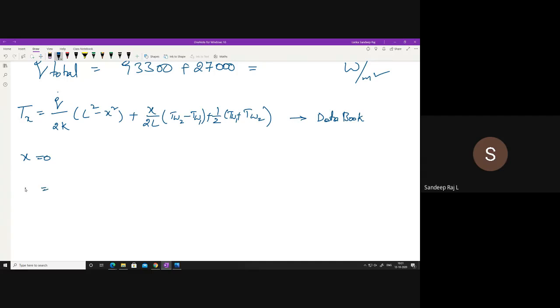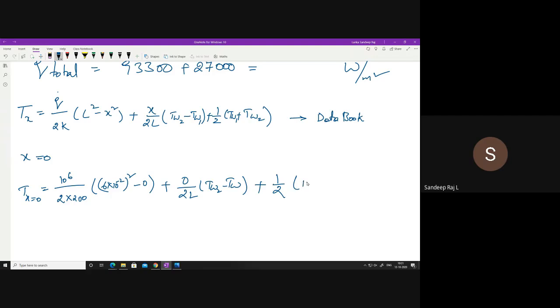So you can simply substitute: T at x equal to 0 is equal to q, 10 to the power of 6, by 2 into 1.2 into 200, the L square value is 6 into 10 to the power of minus 2 whole square, minus 0, plus this whole thing will become 0. 0 by 2L into TW2 minus TW1, I'm not writing this because this whole term is 0.